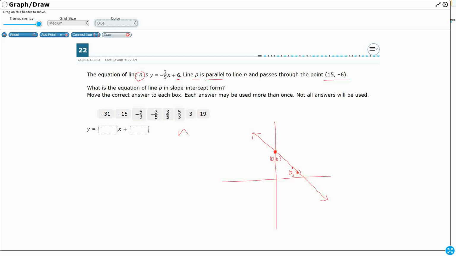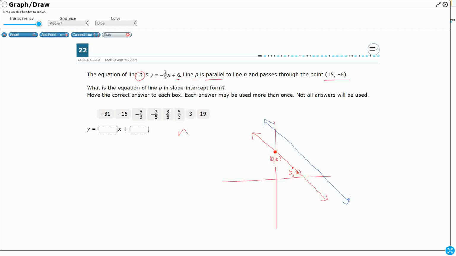So it's going to be way out here, and then it's going to be down here some. I might have gotten my scale wrong, but I'm thinking it's going to be something like this. But one thing we do know, it's parallel.